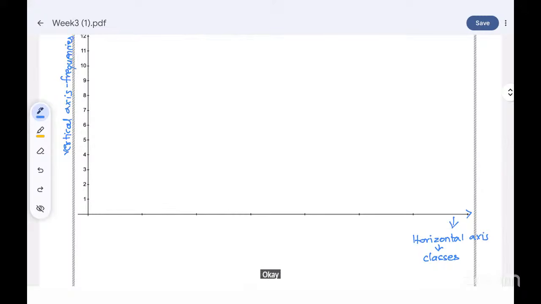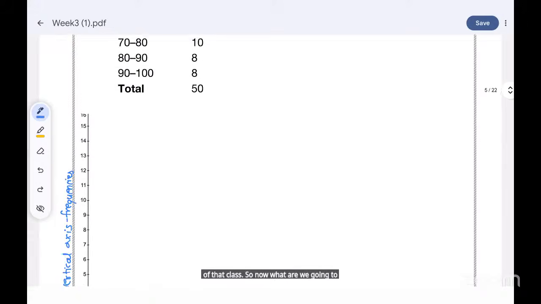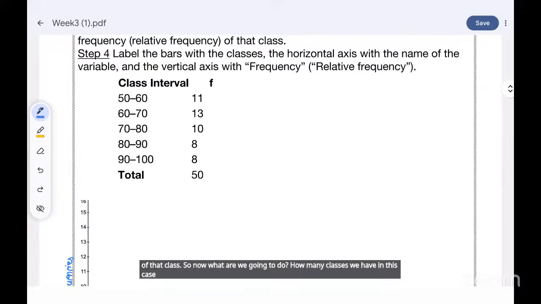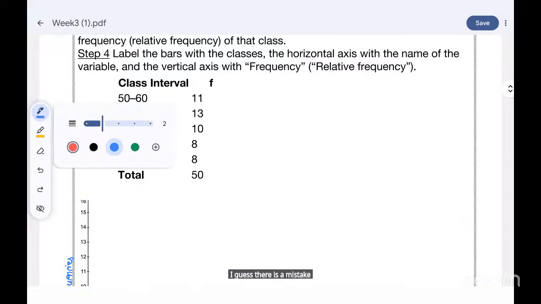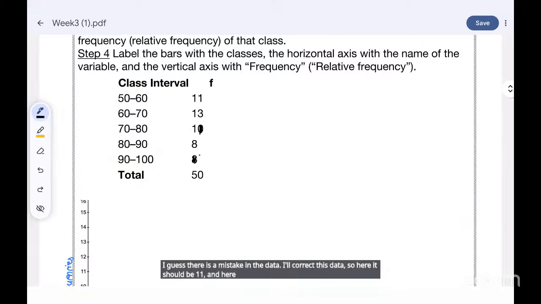What is next? For each class, construct a vertical bar whose height equals the frequency of that class. How many classes do we have in this case? I guess there is a mistake in the data. Just a minute, I'll correct this data. So here it should be 11 and here it is 7, right?